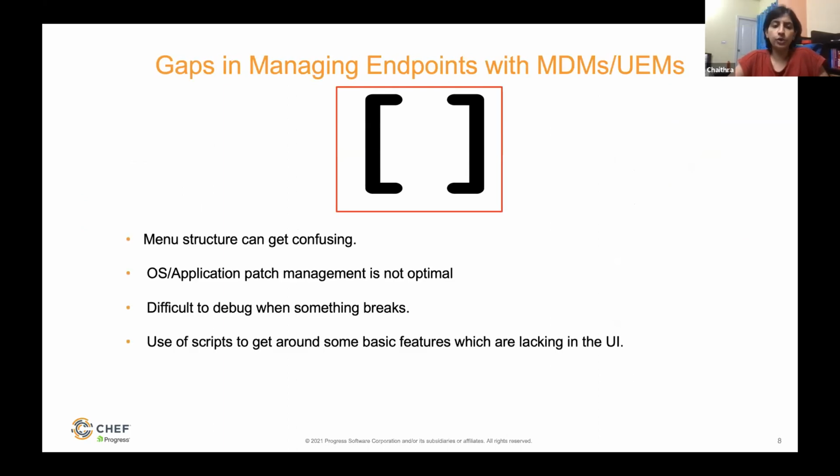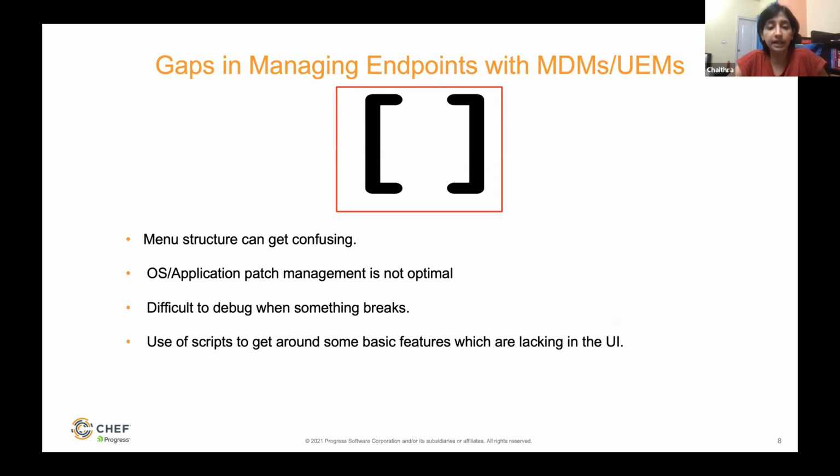Although the GUI is very user intuitive, it can also get really confusing, because there are a lot of different menus and a lot of different options you have to choose from. Configuring a certain workflow means going through different menus and sub menus, which can get very confusing. It can even be very error prone.